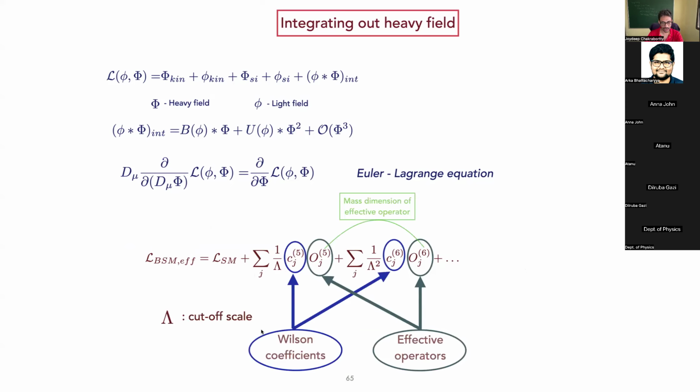These C's here are called the Wilson coefficients, and these O_i are the effective operators. This lambda is basically my cutoff scale, and this cutoff scale is related to the mass of the heavy field. And why am I saying related? Because you can have multiple heavy fields. The regular choice of the cutoff scale is generally the lightest among the heavy fields.